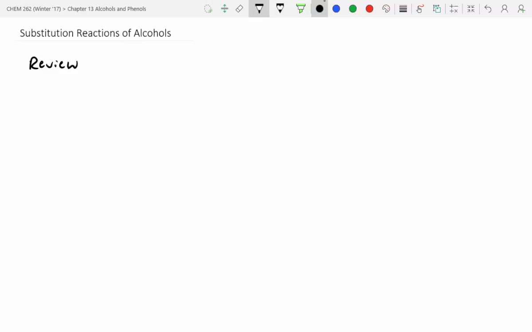Now we're going to talk a lot about reactions involving alcohols, so using alcohols as a starting material, converting them into something else. And we've already seen this a bunch. We've seen SN1 chemistry with alcohols. So for example, if I've got this alcohol and I want to convert it to an alkyl bromide, what reagent should I use if I want to do this through an SN1 route?